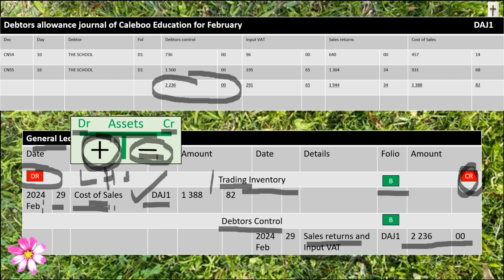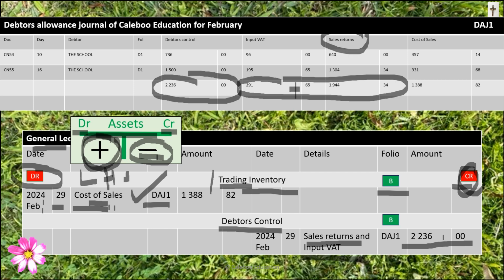The 2236 is the credit amount, and the debit amounts to make up the 2236 is 291.65 plus 1944.34. So the contra accounts are both sales returns and input VAT.